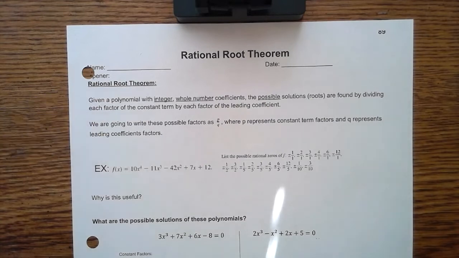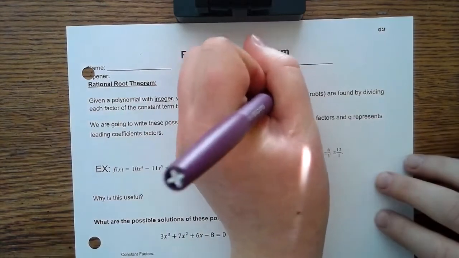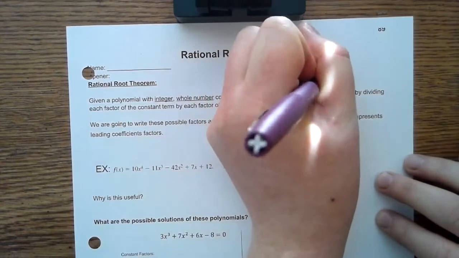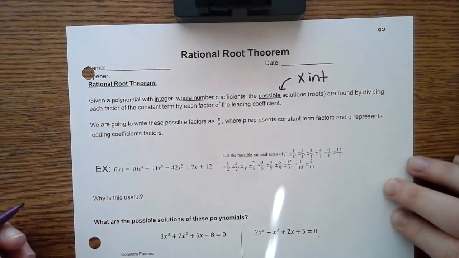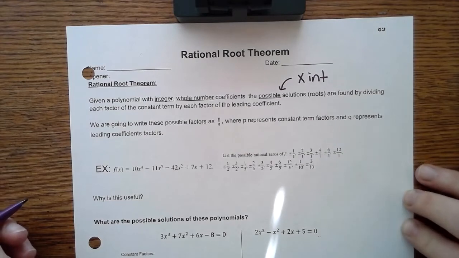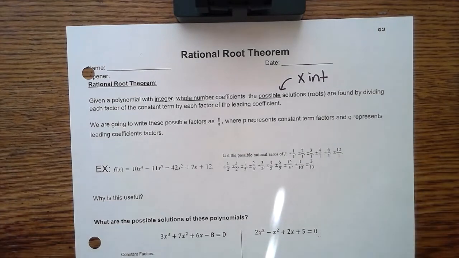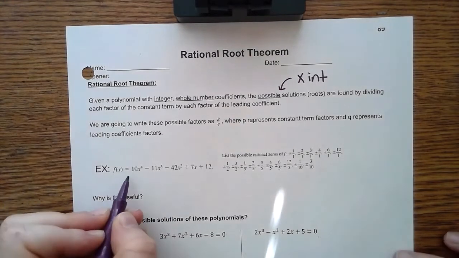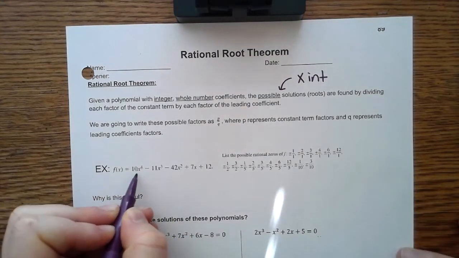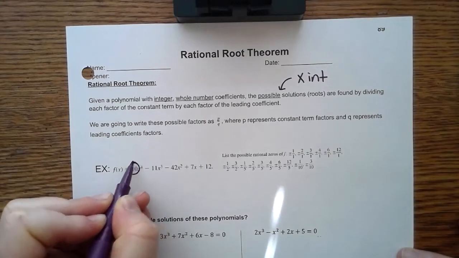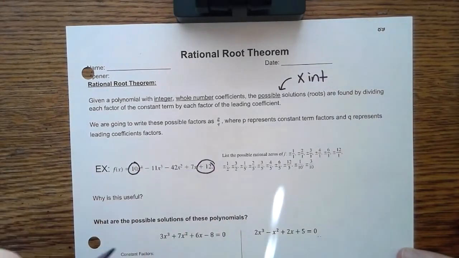So that's a lot of math talk, but basically it's saying I can find a list of potential x-intercepts by dividing the leading coefficient by the constant term. Okay, so I'll talk about what this means. So if I had this polynomial, my leading coefficient is 10 and my constant is 12.